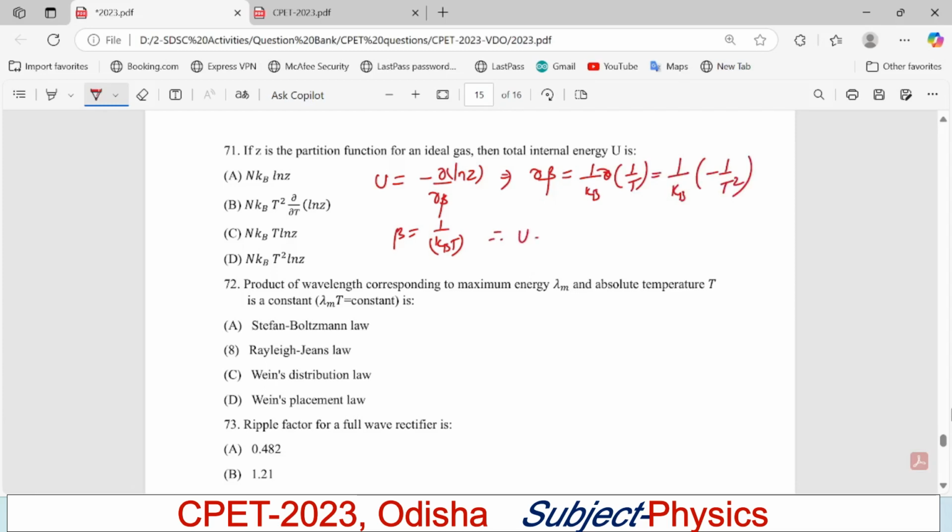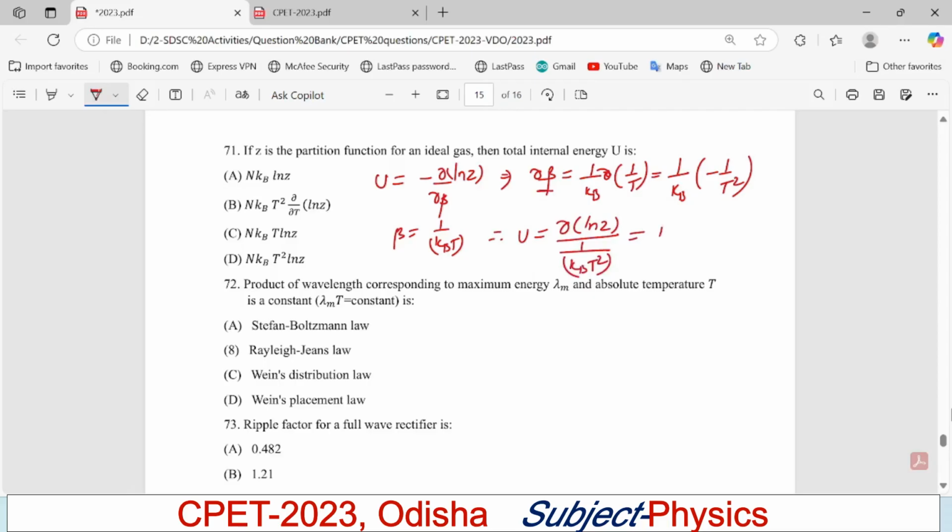Therefore U will be equal to, with minus and minus giving plus, del of ln Z divided by del beta. Del beta is nothing but this much, that means 1 by kB into T square.